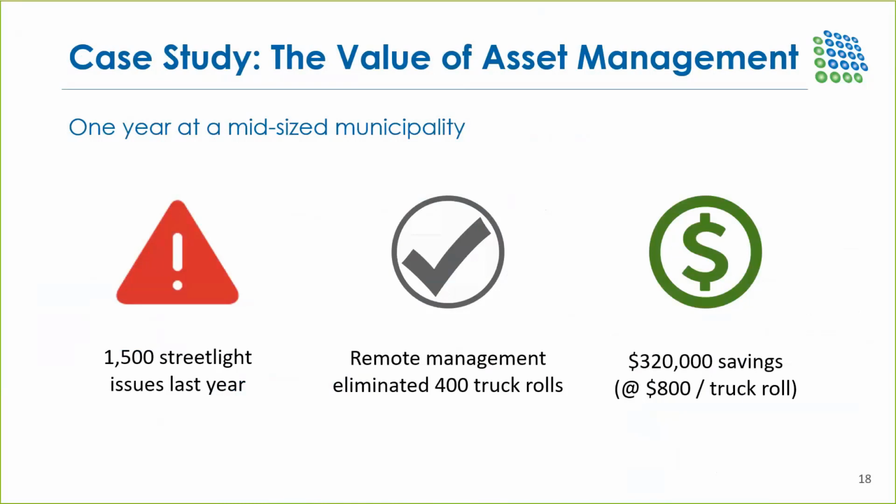Also, they eliminated a cost of $800 per truck roll. And that's huge when you have constituents and citizens calling in, reporting that there's an issue. You can mitigate those by just using the software and having a single view of how your network is performing.